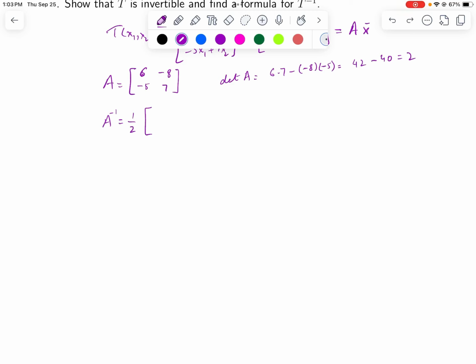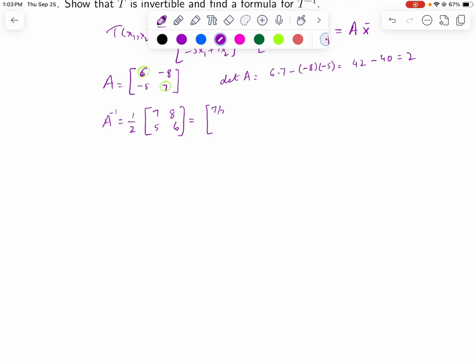So A inverse equals 1 over 2, 1 over the determinant times the matrix. What we do with the matrix, we exchange the A and the D positions, this position and this position. We exchange them, and then the other two we change their sign.